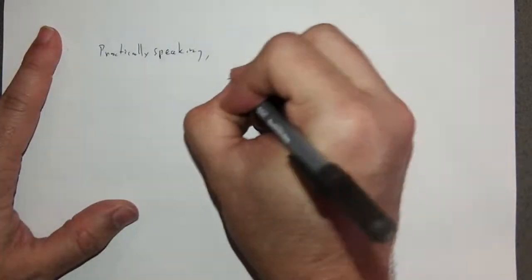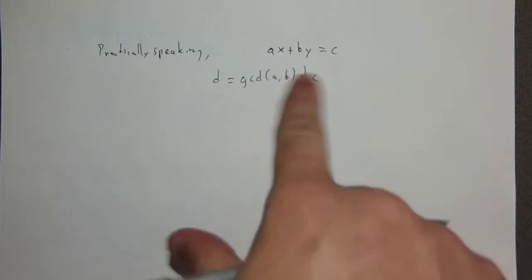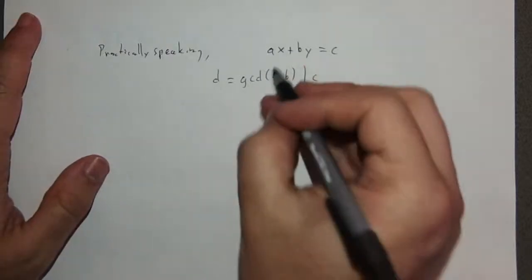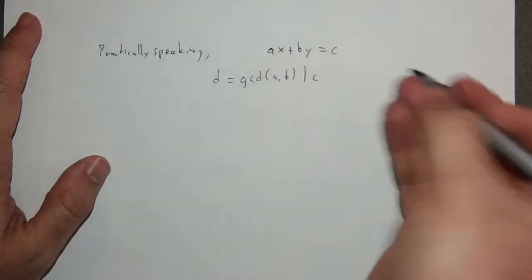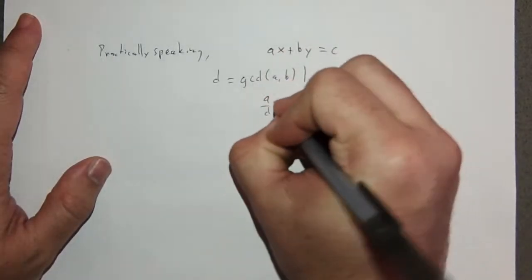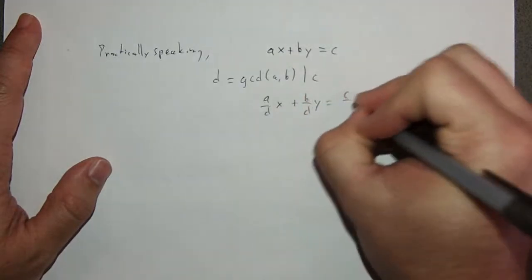So let's say I call that D. Well, in that case, I can actually simplify my equation by just going ahead and doing that division, right? So I do that division, I get a over d x plus b over d y is equal to c over d, whatever that is.